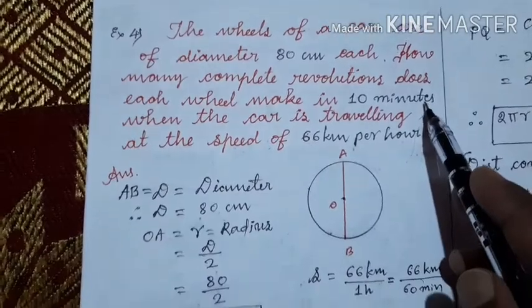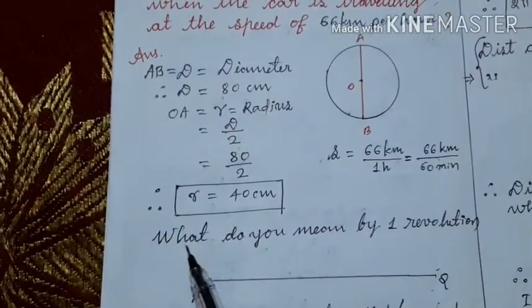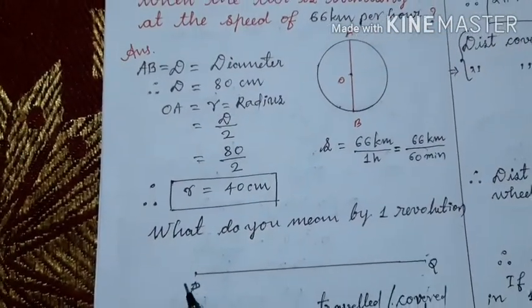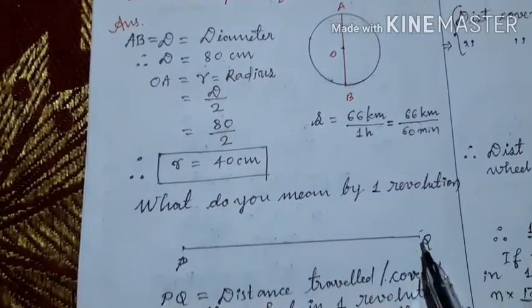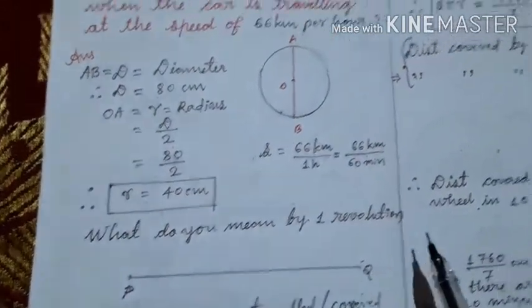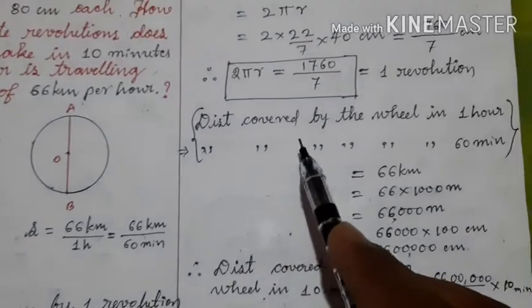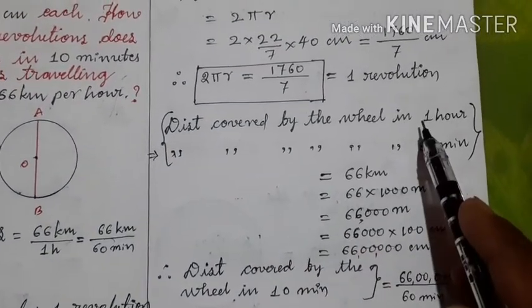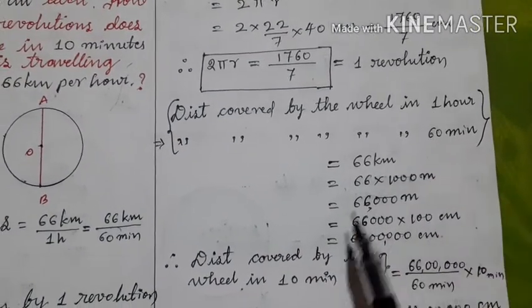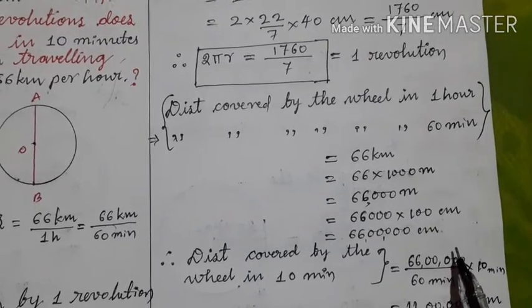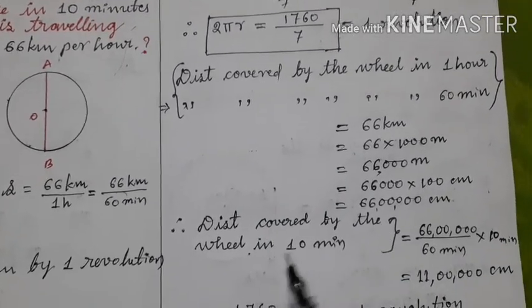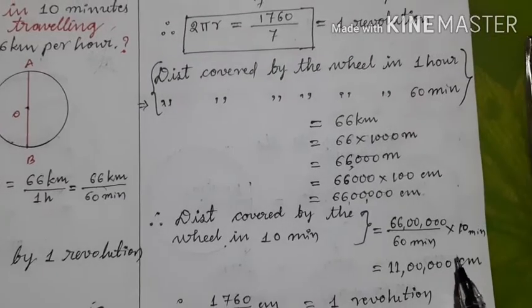For that, what we should do is, in one complete revolution, how much distance it travels we have to calculate. Okay, and after that, the distance covered or traveled by the car in 1 hour we have to calculate. Then the distance covered by the wheel in 10 minutes we have to calculate.